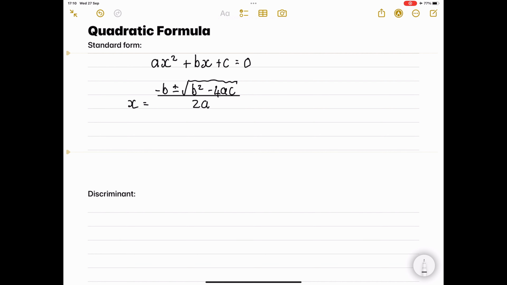When you look at the quadratic formula, you can see that there's a square root, and under the square root it is b squared minus 4ac, which is also called the discriminant. And you can use the discriminant to see if you have two real solutions, one real solution, or no real solution, which just basically means that you can see if you get two x values, one x value, or no x value.